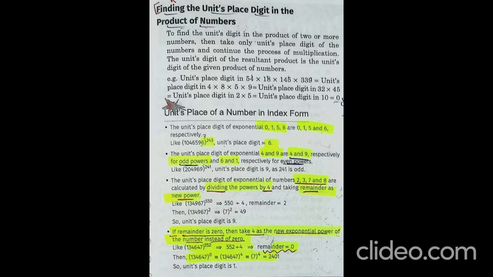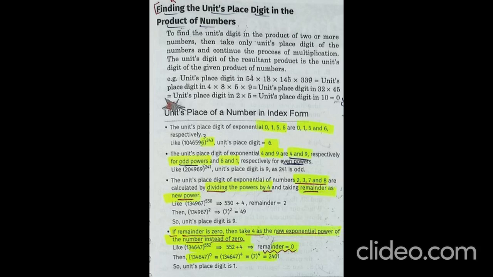You first have to divide 550 by 4. Then you get remainder 2. So take that remainder 2 as the power and now calculate. The unit place of the number is 7, and its power is 2. As we know the remainder is 2, you take the power as 2. Then 7 multiplied by 7 is 49. So the unit digit is 9.